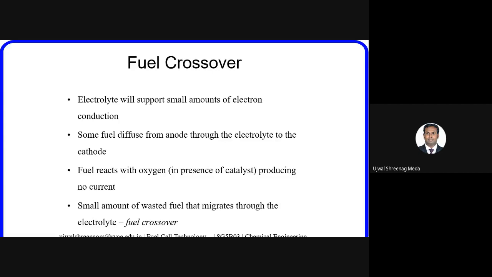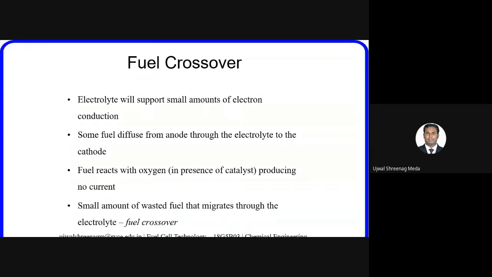However, in a practical fuel cell, this electrolyte tends to conduct a few electrons as well. The electrons that flow through the electrolyte but not through the external circuit will result in no current. So that is considered as a loss, and that is the internal current. I hope these two components are clear, the fuel crossover and internal current.